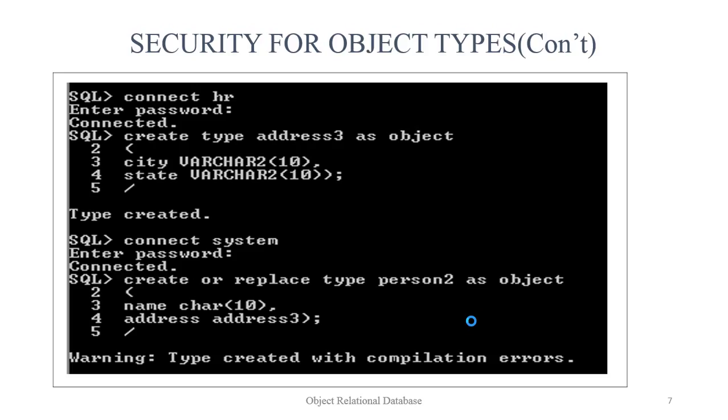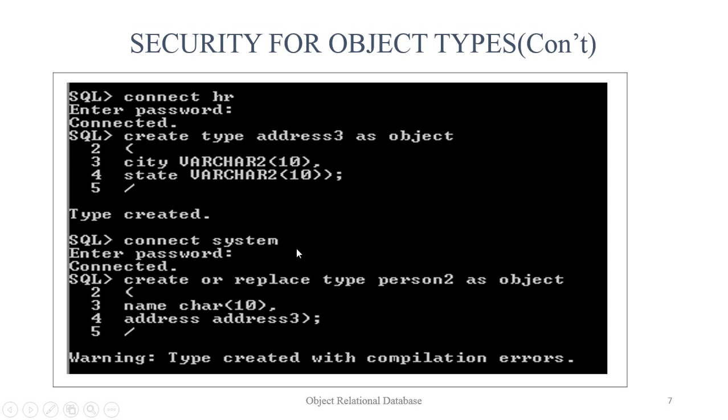Next concept is about security of object types. Let us discuss this with working in Oracle 10g. Address 3 is created by a user called HR and person 2 object type is created by a user called system.